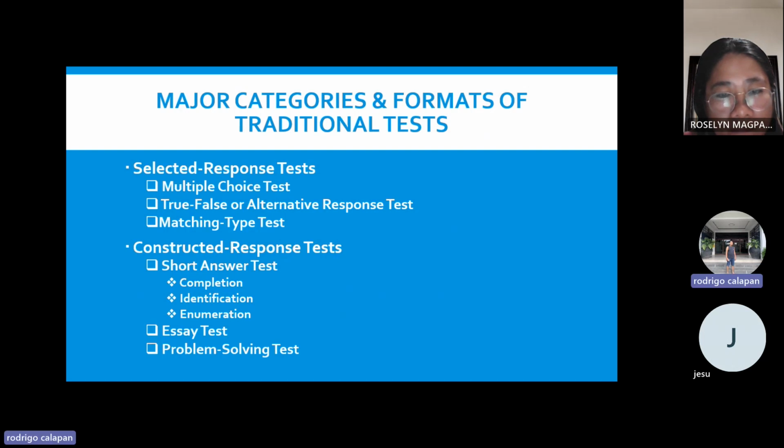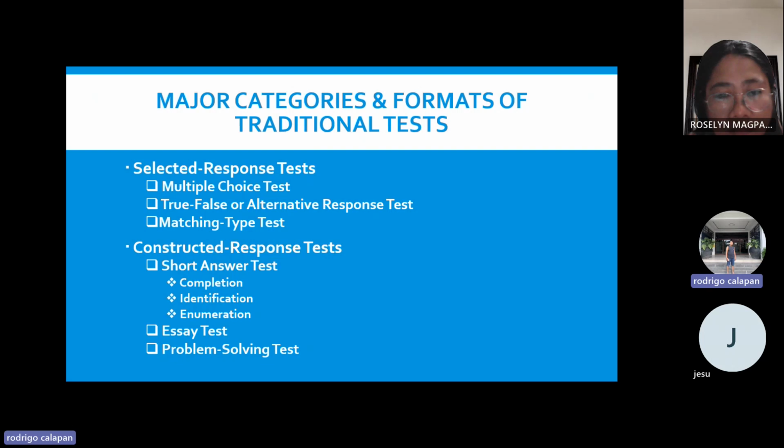In a constructed response test, this type of test will require learners to supply an answer to a given question or problem. This includes the short answer test. It consists of open-ended questions or incomplete sentences that require learners to create an answer for each item, which is typically a single word or a short phrase.